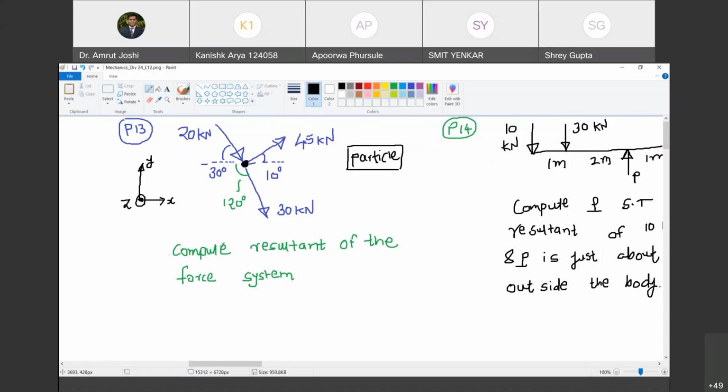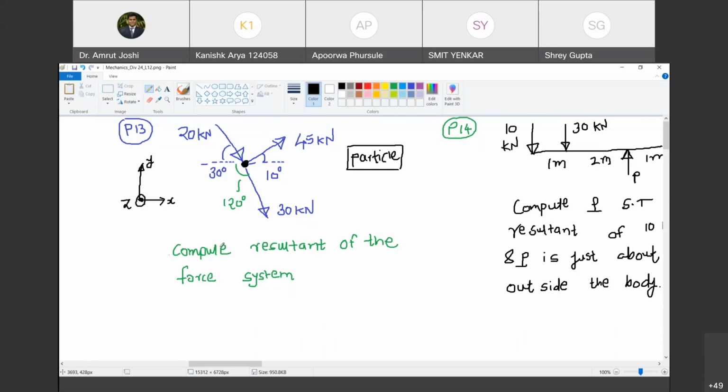Now tell me, do the lines of action of all the forces lie in a single plane? Yes, sir. And in which plane? XY plane. Z is not a plane, x is not a plane, y is not a plane. XY is a plane, YZ is a plane, and ZX is a plane.